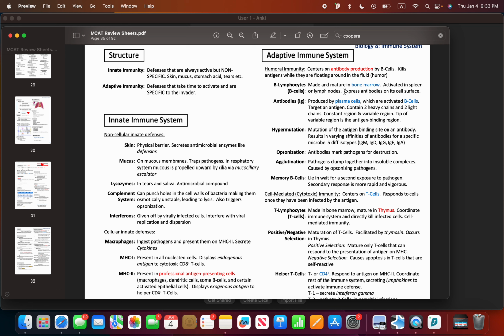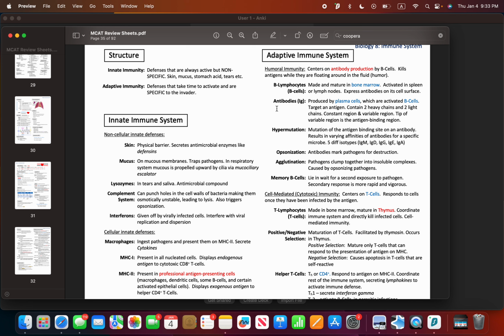Everything we're going to talk about, we should know where they are made, where they become a mature cell, where they are activated, and what they express. So for example, B lymphocytes are made and matured in bone marrow, activated in spleen or lymph nodes, and express antibodies on their cell surface.